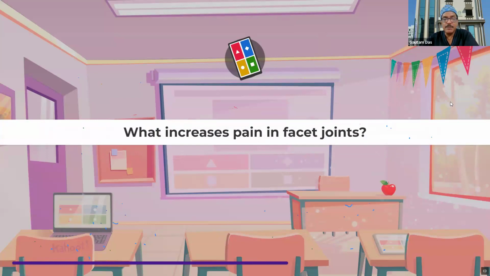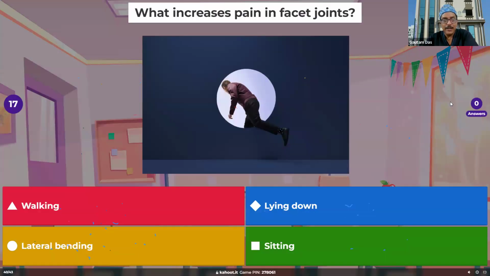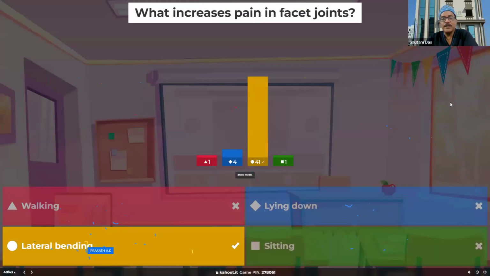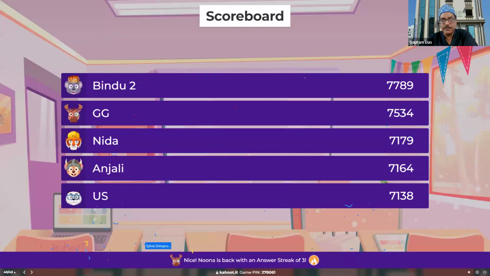So what increases pain in the facet joint? Walking, lying down, lateral bending, sitting. Lateral bending increases it. Lying down, walking, and sitting all reduce the facet pain.